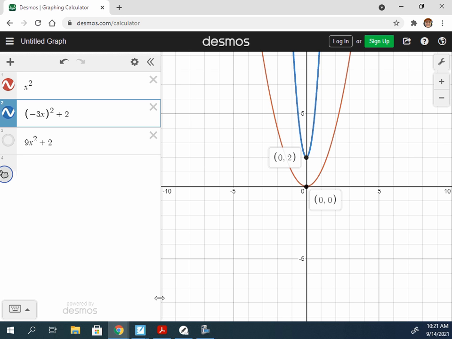Now we also had 9x squared. Well, the negative isn't there anymore, yes? And I have it right here. You all see that right there? The blue one is showing up right on top of the green.